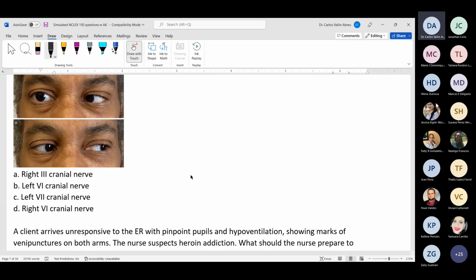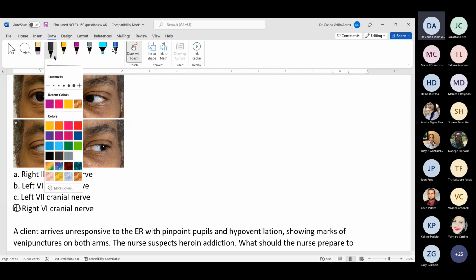The patient is asked to look to the right and to the left, and you need to decide which one is affected. You say B as in boy? D as in David, 6. Does everybody agree? Okay.